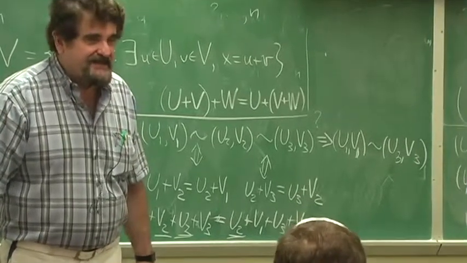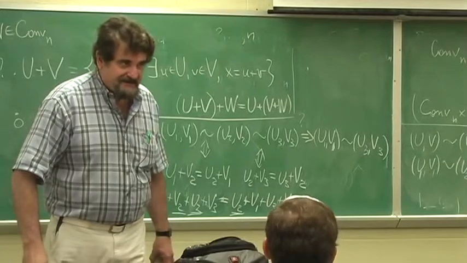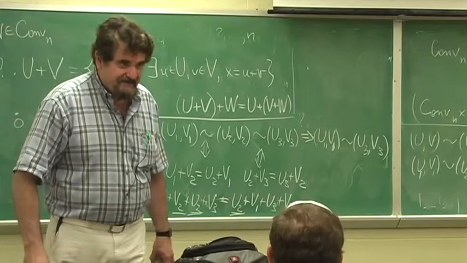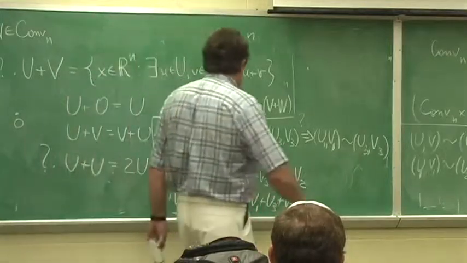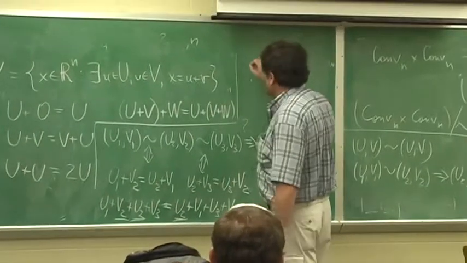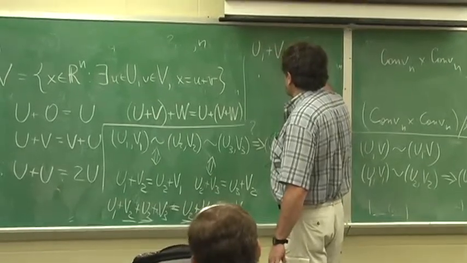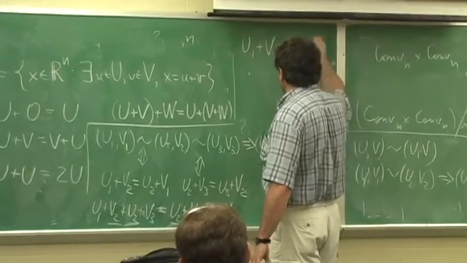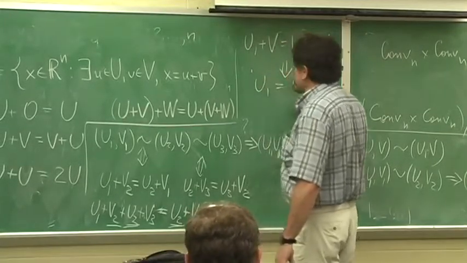But what does cancellation usually mean? You subtract, but you cannot subtract. Correct? So you need the following cancellation condition. If U1 plus V equals U2 plus V, then U1 equals U2.